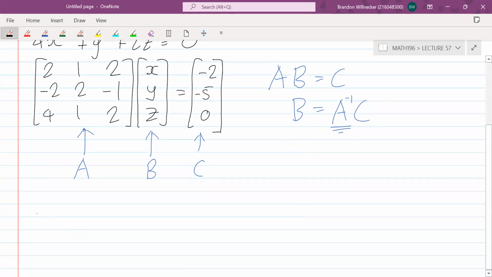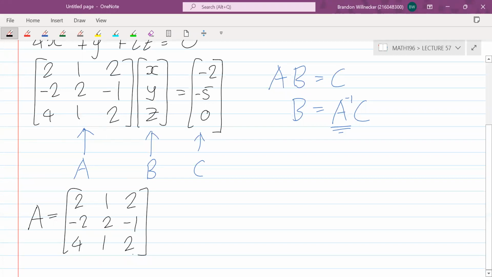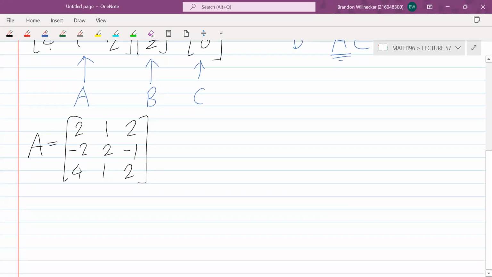Let's do that. We write down A, which is 2, 1, 2, minus 2, 2, minus 1, 4, 1, 2. Just checking we haven't made any sign mistakes. No, that looks fine. So that is step 1. What we need to do is take the transpose of this matrix.